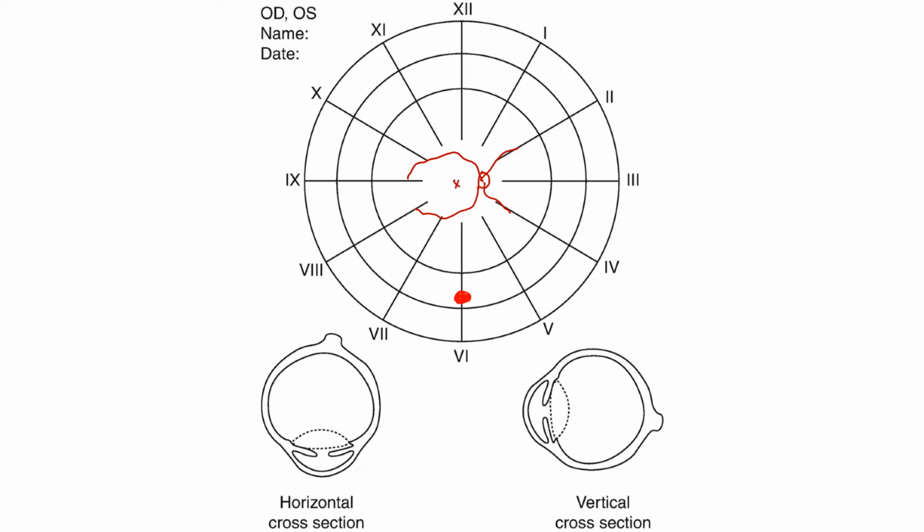So now if we form a break here, and we assume that this is the ora serrata here, which is the anterior limit of the retina, and fluid starts traveling between the layers, we start having a retinal detachment.